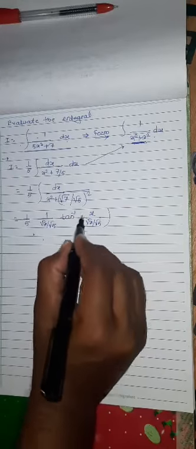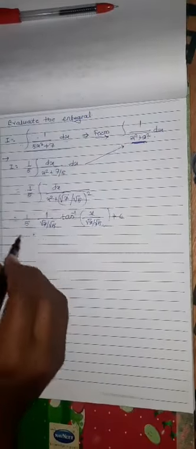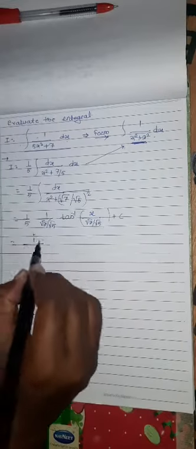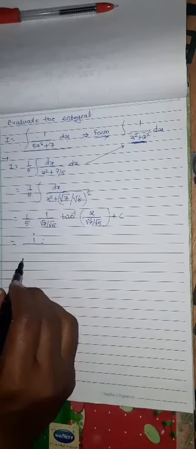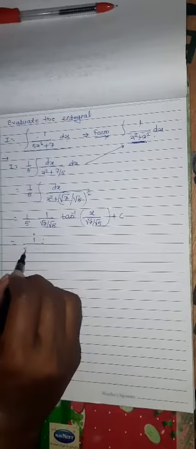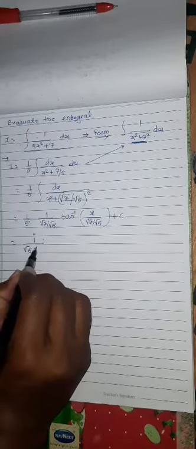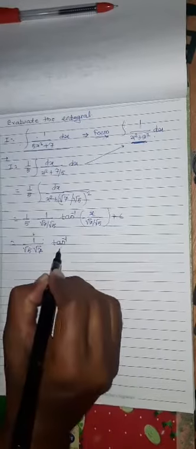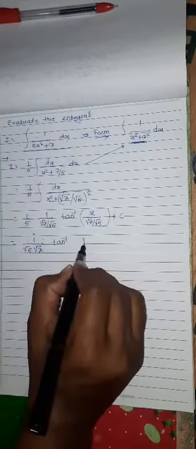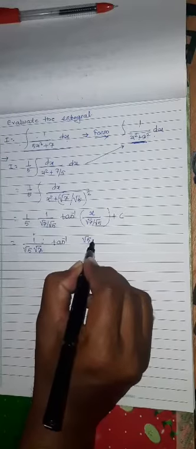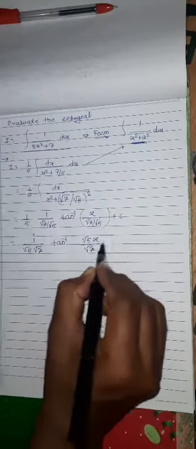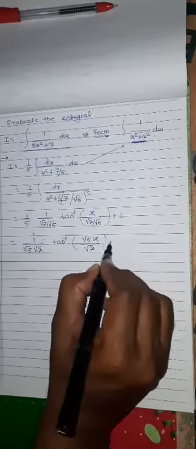We take this in the bracket and add the constant of integration. Rearranging the terms, the steps become 1 upon 5 into under root of 7 into tan inverse of under root of 5 into x divided by under root of 7, in the bracket.